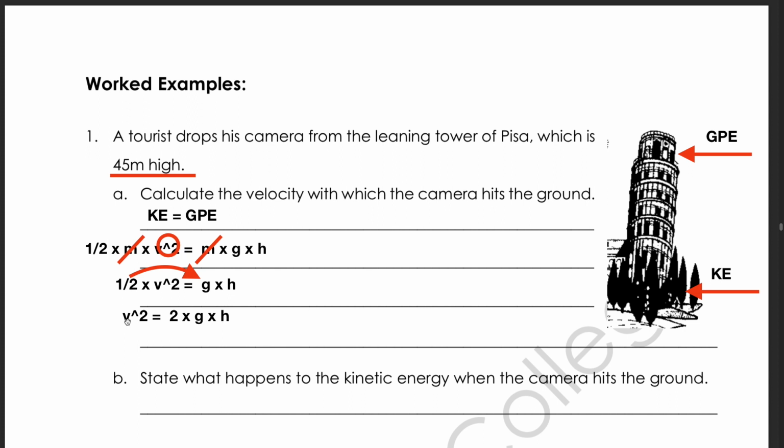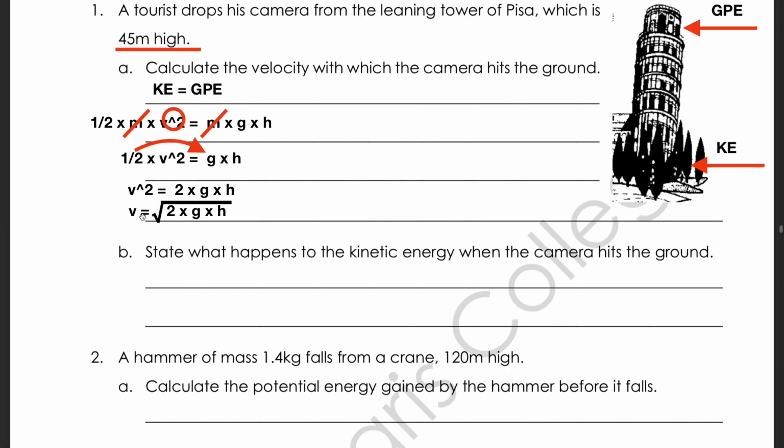Finally, to get rid of the squared, we take the square root of 2 times g times h, which gives v is equal to the square root of 2 times g times h.